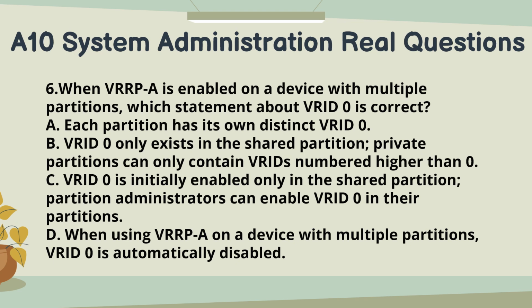Private partitions can only contain VRIDs numbered higher than 0. C. VRID0 is initially enabled only in the shared partition. Partition administrators can enable VRID0 in their partitions. D. When using VRRPA on a device with multiple partitions, VRID0 is automatically disabled.